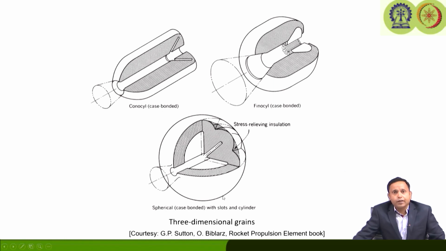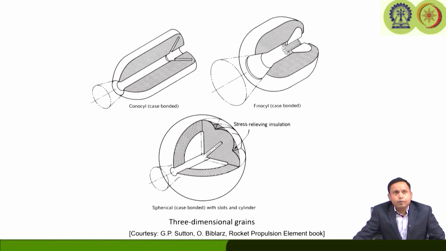Then it can have a spherical type of grain configuration, which of course has some slots and cylinders. We can consider them as three dimensional grains, because they are a combination of the radial burning and longitudinal burning profile.